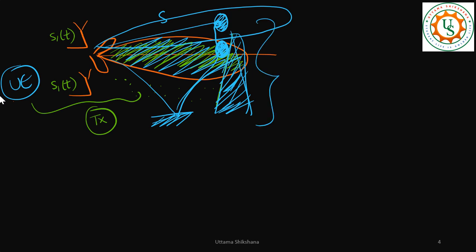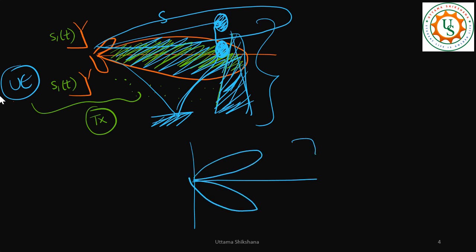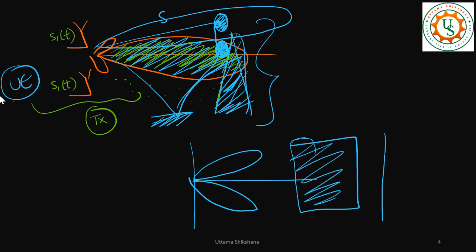Then it may so happen that the channel environment creates a situation where the two beams which were formed in different directions are almost overlapping. I mean to say they are parallel to each other, or they are formed in the same direction. That's why, after some time, if the channel conditions are bad, we say the channel conditions are bad.